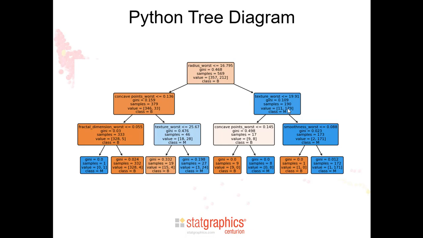And you can continue and notice at each of the nodes, the Gini coefficient continues to get smaller as you go down. So if you get all the way to the bottom right, the Gini is 0.019 because of the 172 masses that made it all the way to the bottom right, 171 were malignant. It's a very interesting tree diagram with a lot of information.